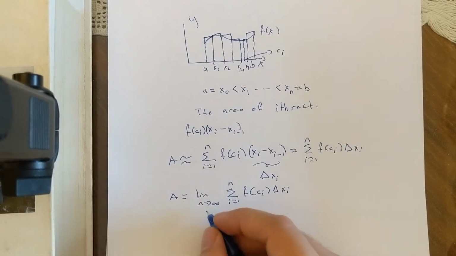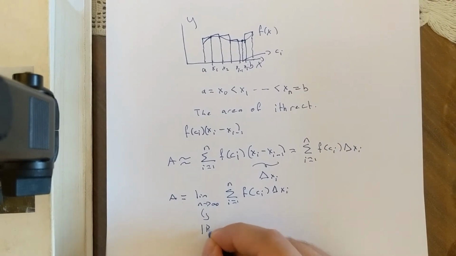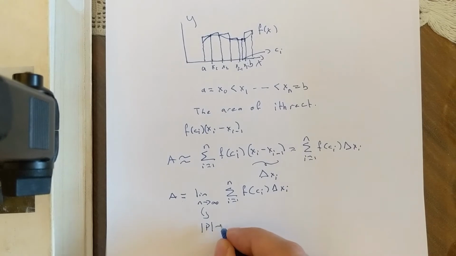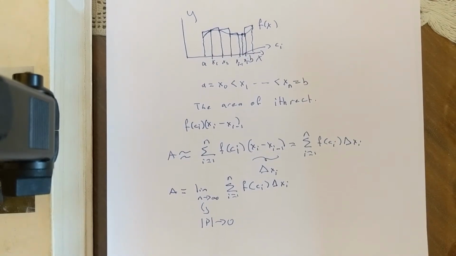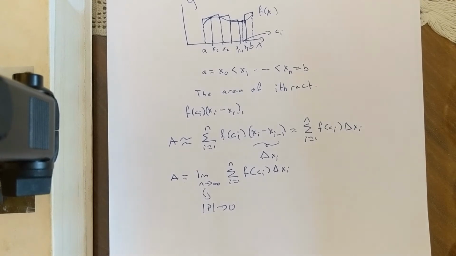Now, instead of the limit as n goes to infinity, you could replace this by the norm of the partition goes to 0. So this is a funky term. This is more generalized. This was Riemann's idea. So this is the Riemann integral, as opposed to some other integrals like the Lebesgue integral.